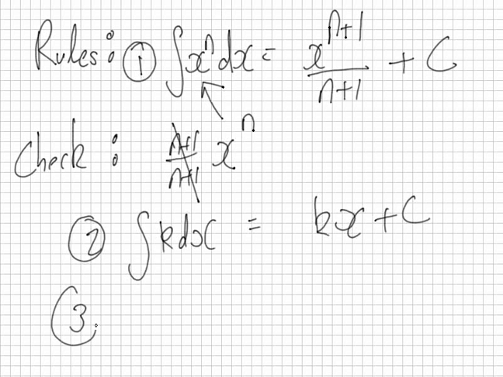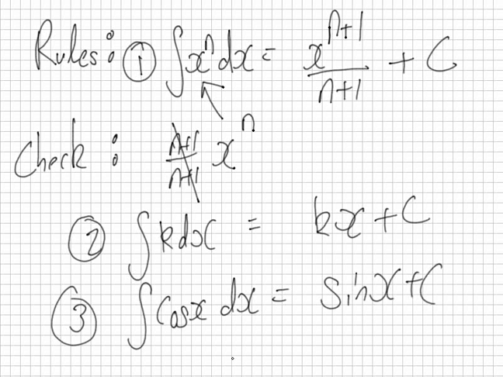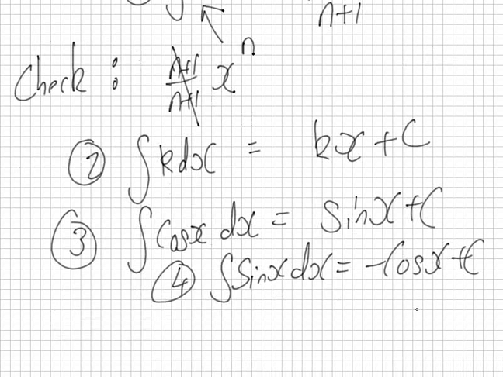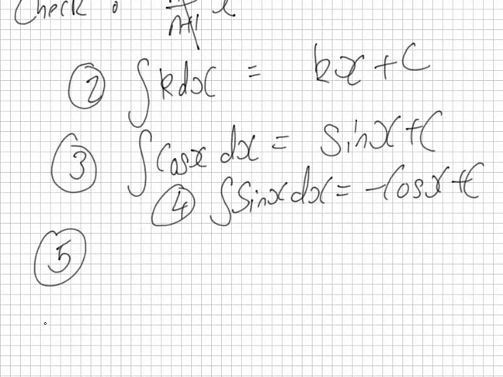Rule 3, cos x will be sine x. And then rule 4, which is similar, sine x will be minus cos x. Rule 5. Yep, exactly. Because after all, the prefix antiderivative, like the opposite.